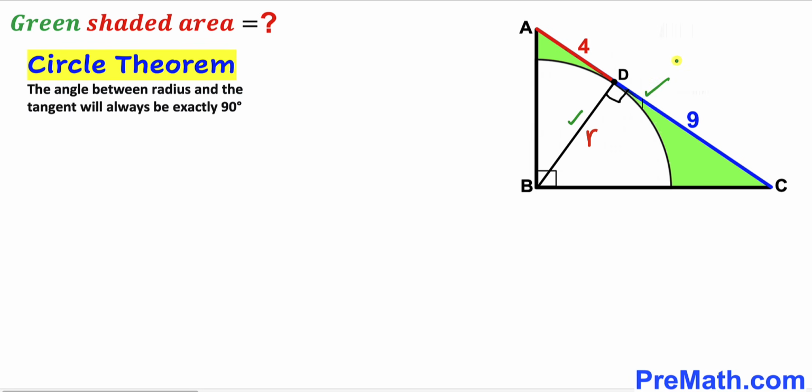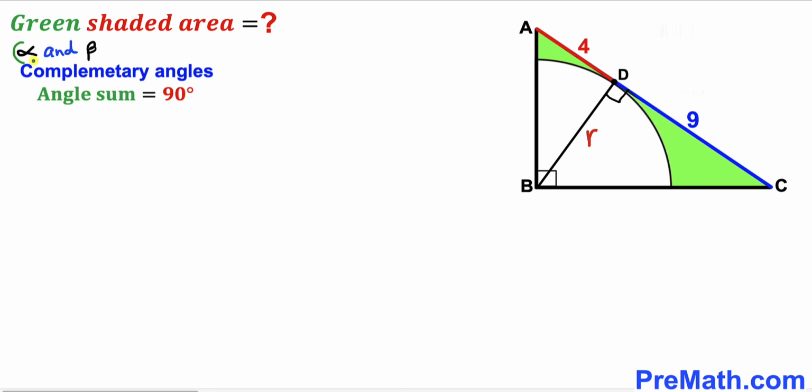Now let's assume alpha and beta are our two complementary angles. In other words, alpha plus beta must equal 90 degrees. Let's assume this angle is alpha.